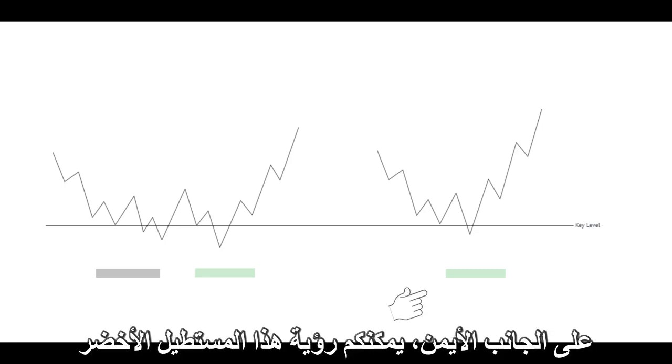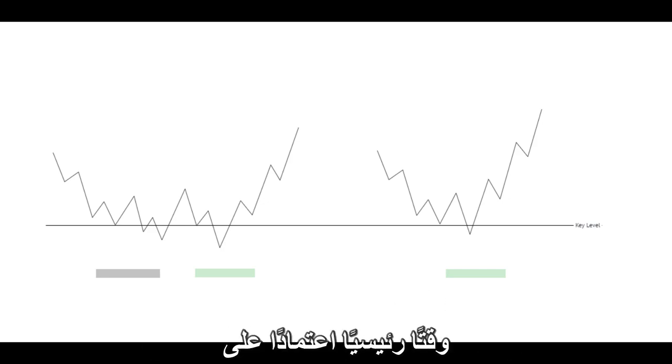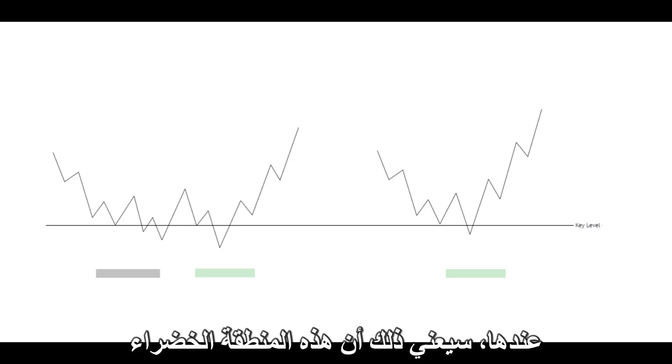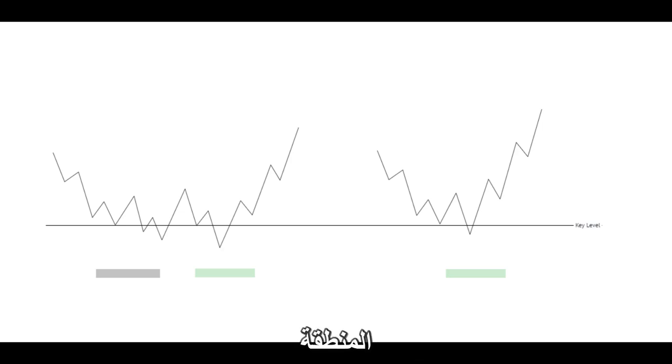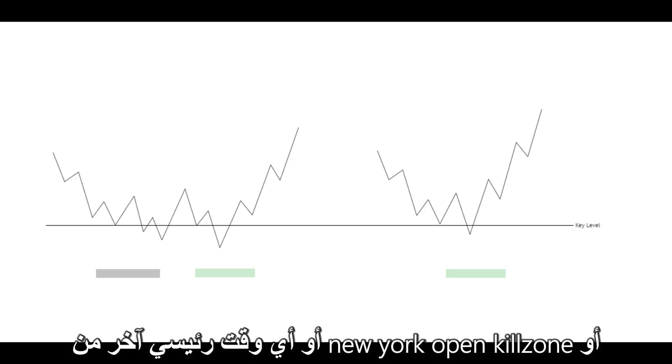On the right side, you can see that we've got this green rectangle in the bottom, right? And this basically represents a key time depending upon its time frame, right? Let's say if we are looking at a 15-minute time frame right now, then that would mean that this green area represents either the London Open Kill Zone or New York Open Kill Zone or any other key time of the day.